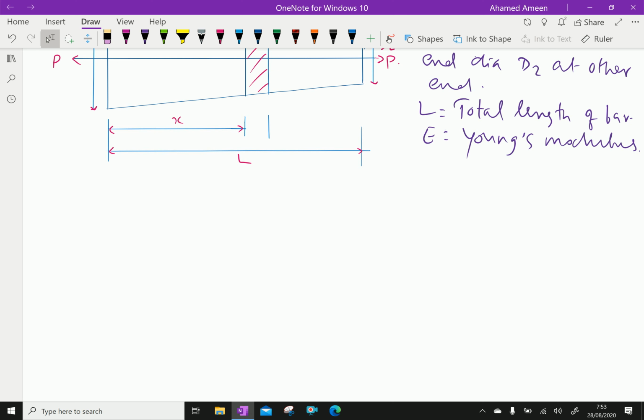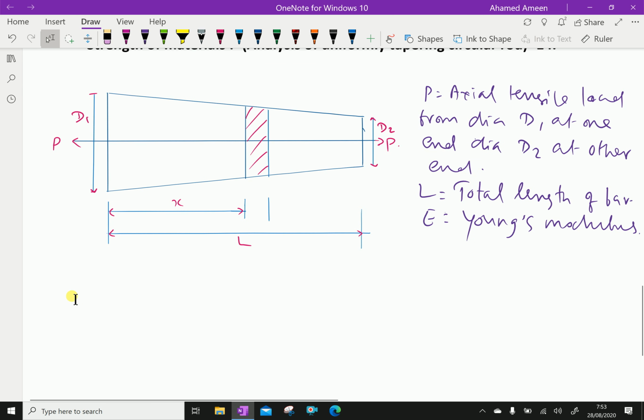Here, look at this figure. You have to take a small element with thickness dx, at distance x from one end, that is the diameter D1 end, and we have to find Dx. Dx is the diameter of the small strip.